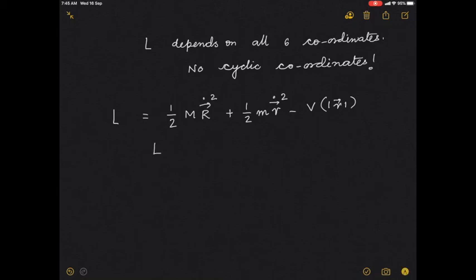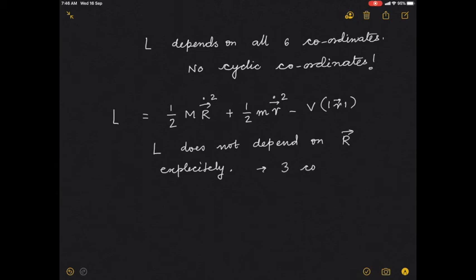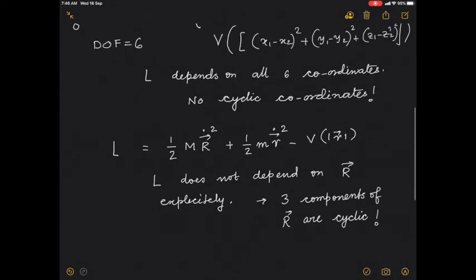And then we get a remarkable simplification, because now L does not depend on capital R explicitly, so the three components of R are cyclic. Well, that is amazing, right?